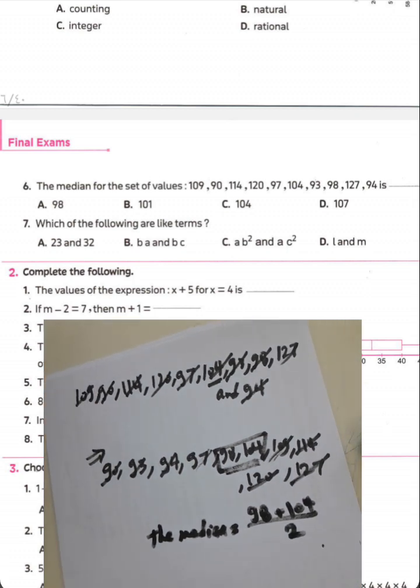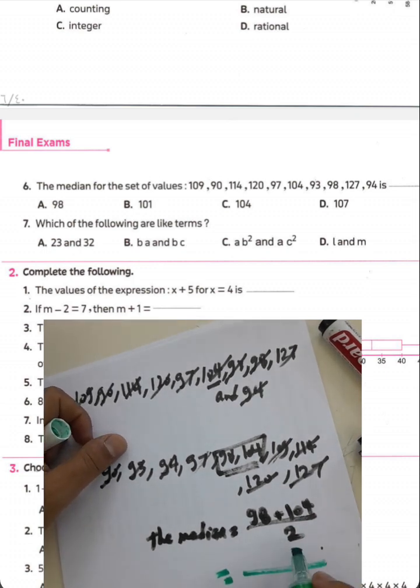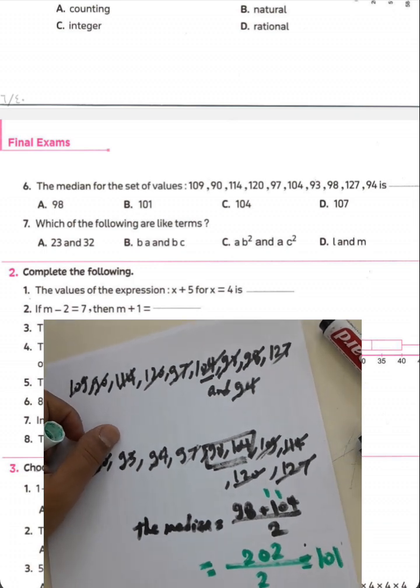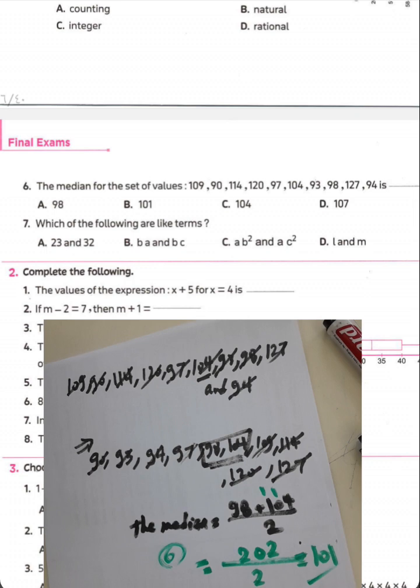We must add the numbers and divide by 2. 4 plus 8 equals 12, write 2 and carry 1; 1 plus 9 equals 10, write 0 and carry 1; 1 plus 1 equals 2. 202 divided by 2 will be 101. So the median will be 101 for question 6. Write 101, choose letter B.